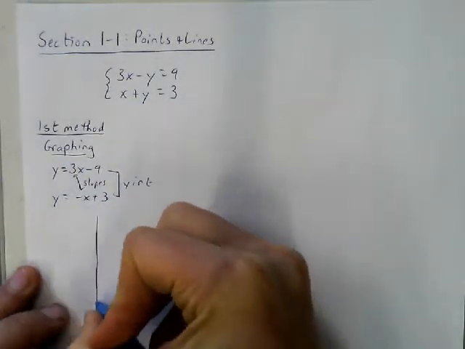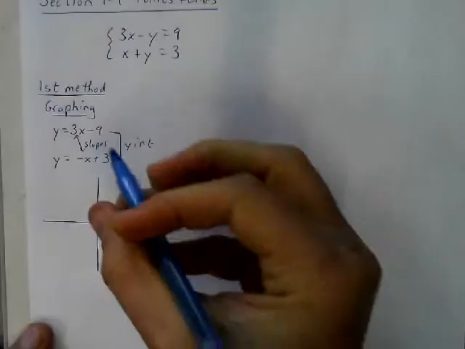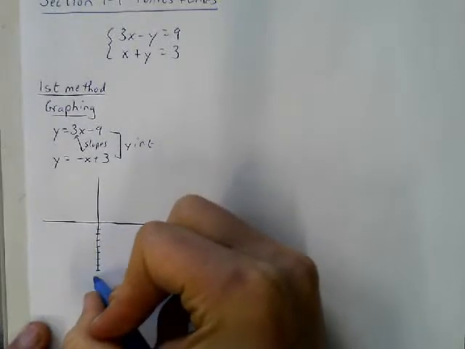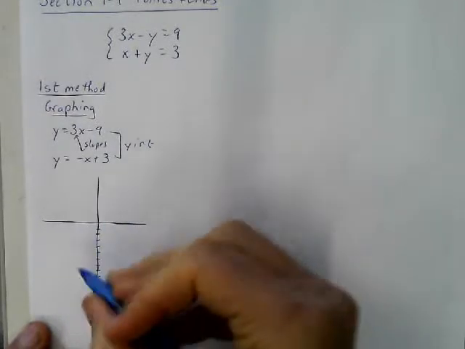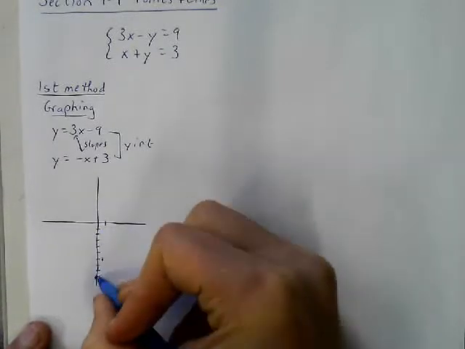So if we graph this on a coordinate plane, the first equation would start at negative 9, and then I'd go up 3 over 1.